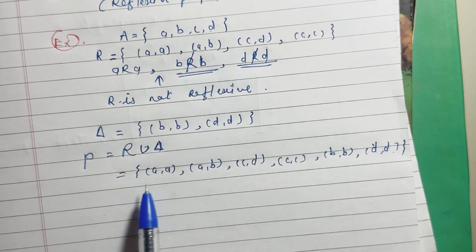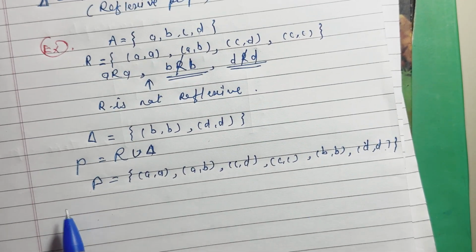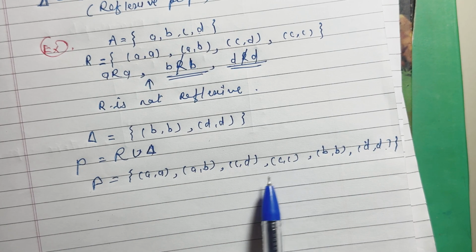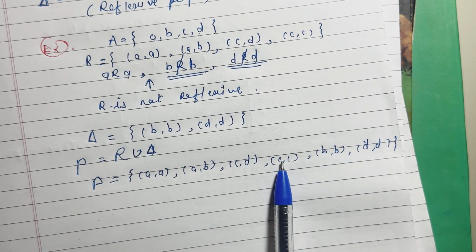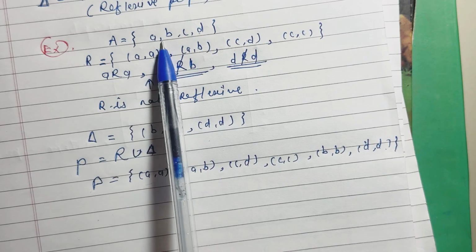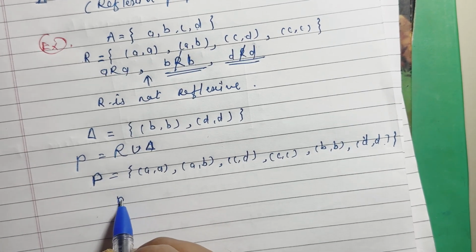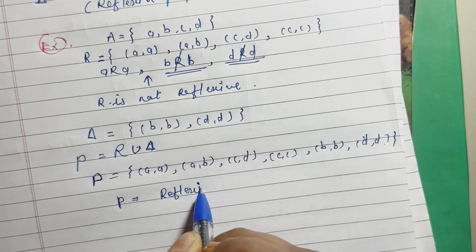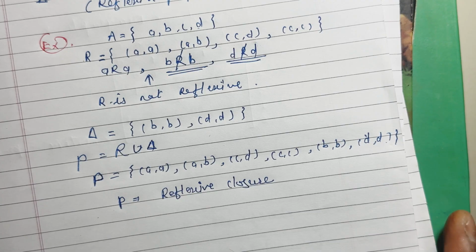I have taken their union together as set P, and if you observe, set P holds the reflexivity property. A is related to A, B is related to B, C is related to C, and D is related to D, so all four elements are related to themselves. This set P is the reflexive closure.